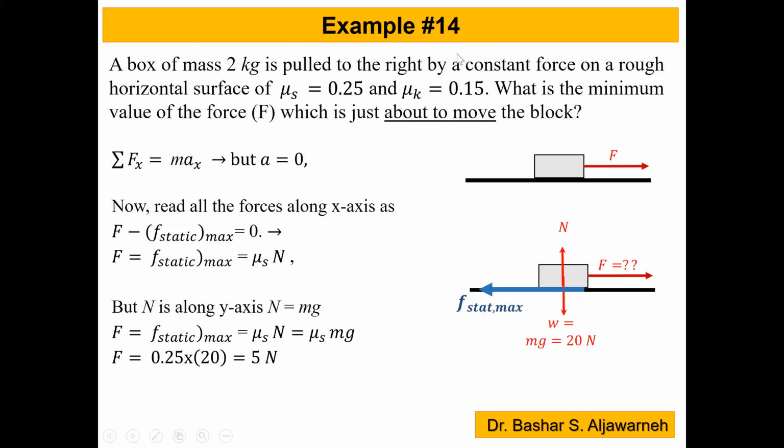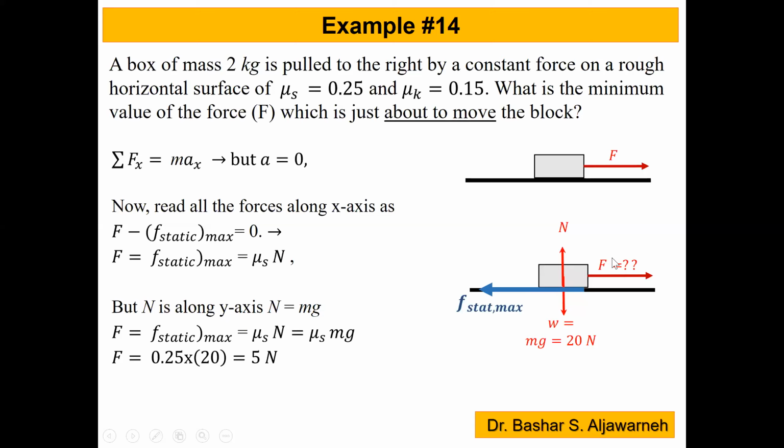Since we are saying about to move, or the object is trying to move, we have here the maximum value of the static friction. So we have Fs or F stat max.